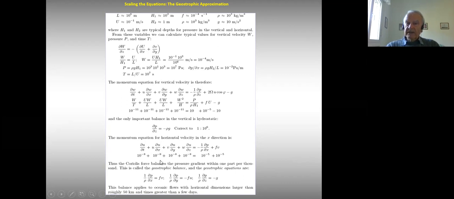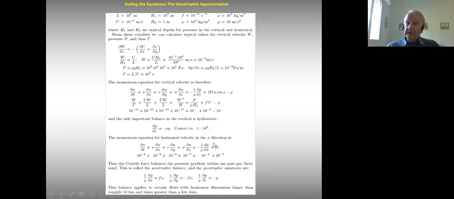u du dx is 10 to the minus 8, which is one of the terms of the horizontal advection. The second term of the horizontal advection is 10 to the minus 8, and the third is of the same order of magnitude. So all these terms, the time dependence, the horizontal acceleration, and the advection terms, are on the order of 10 to the minus 8.